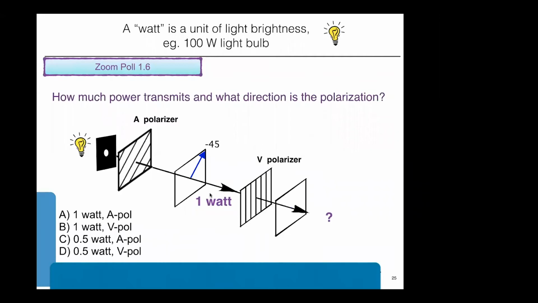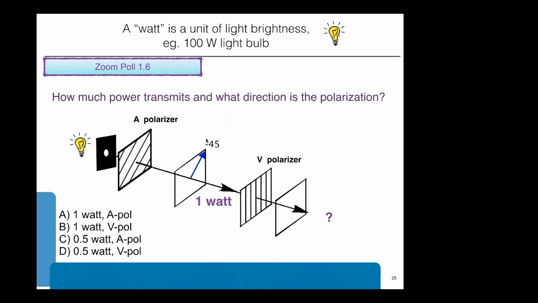Notice that the light beam is 1 watt here after this polarizer. And notice that this polarizer is oriented as an anti-diagonal polarizer.